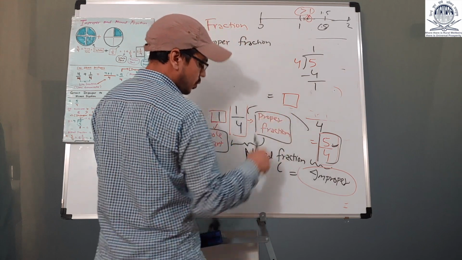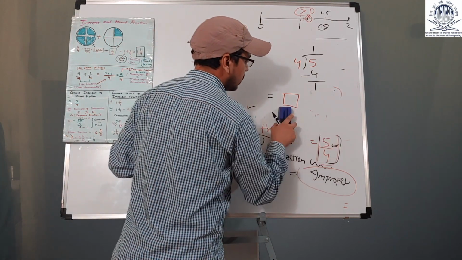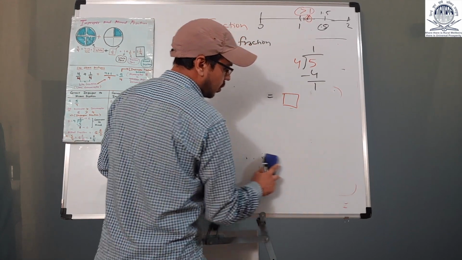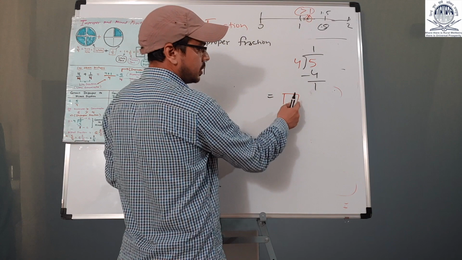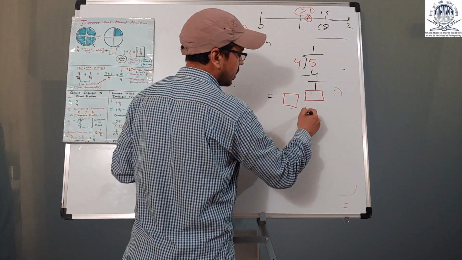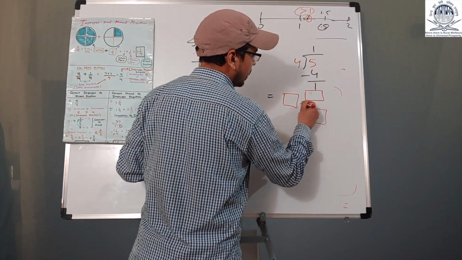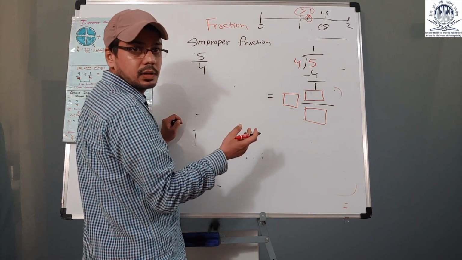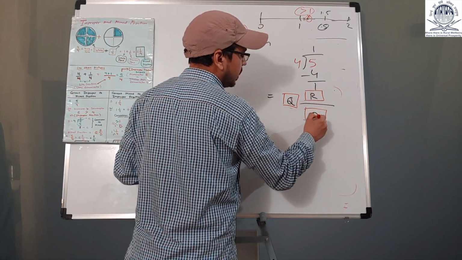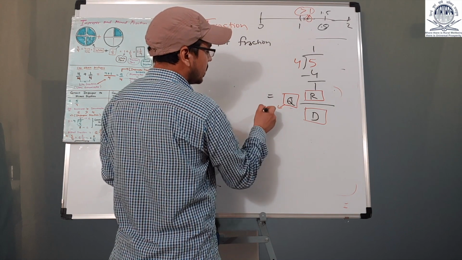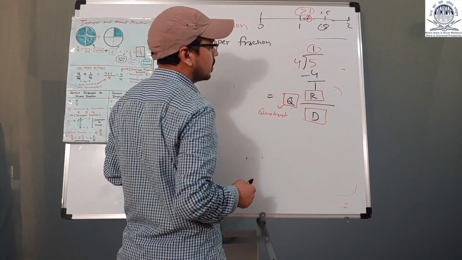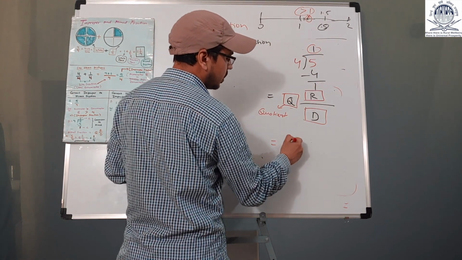The whole part will come over here, and let me just make some space as well. Now I got one part over here to get the mixed fraction, the other part comes above, and the last part comes below, and there is a division sign, and this must be written as Q R by D. Q being the quotient, which is over here, so my quotient comes as 1.